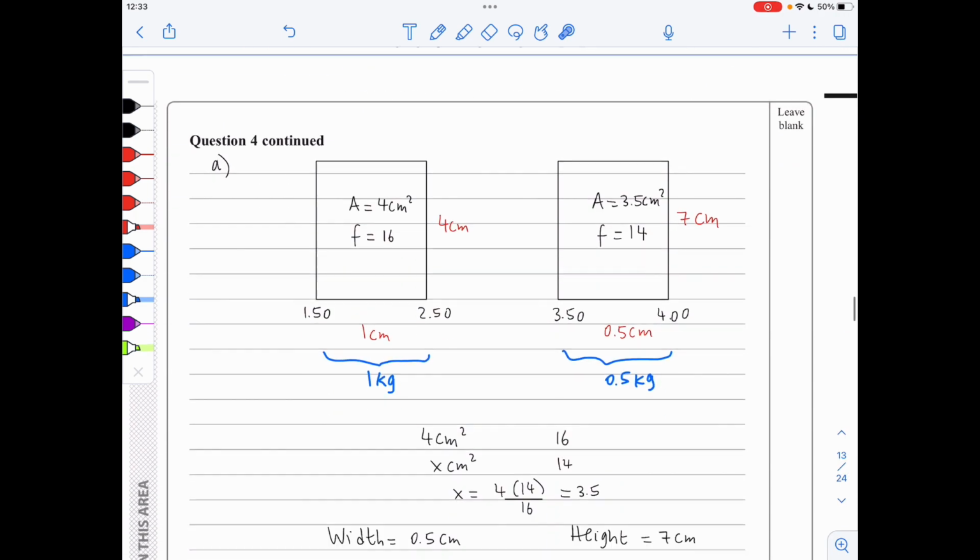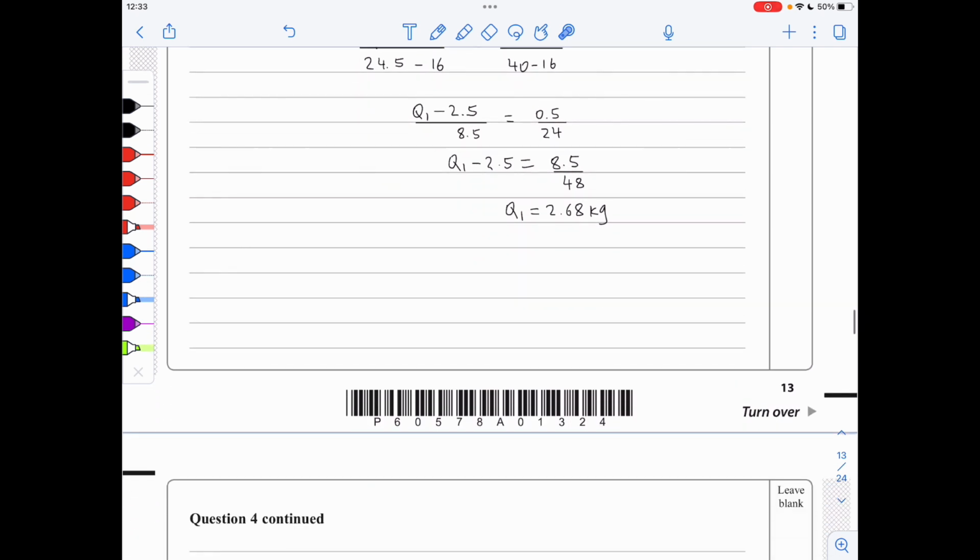So to do that, I need to compare Q3 minus Q2 against Q2 minus Q1. So we have that Q3 minus Q2 is 3.55 minus 3.14, which turns out to be 0.41, and the Q2 minus Q1 is 3.14 minus the answer of 2.68 we obtained in B, which is 0.46.